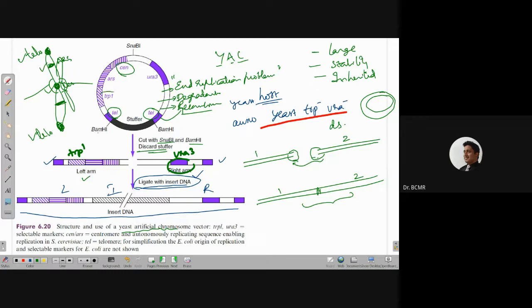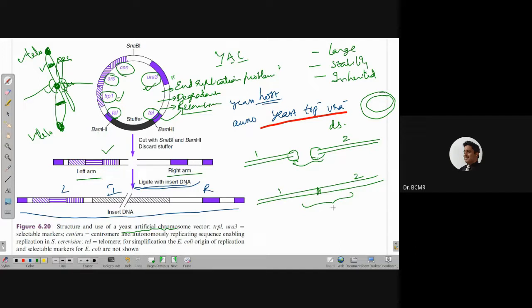And you should know the ARS, or origin of replication, and importantly also the TRP and uracil markers. In this case, you should also know why TRP is here and uracil is here, right? Everything is in the design, and that is where the intelligence comes in. They put it that way so that it becomes logical during selection, because the left arm has one selectable marker and the right arm has another selectable marker.